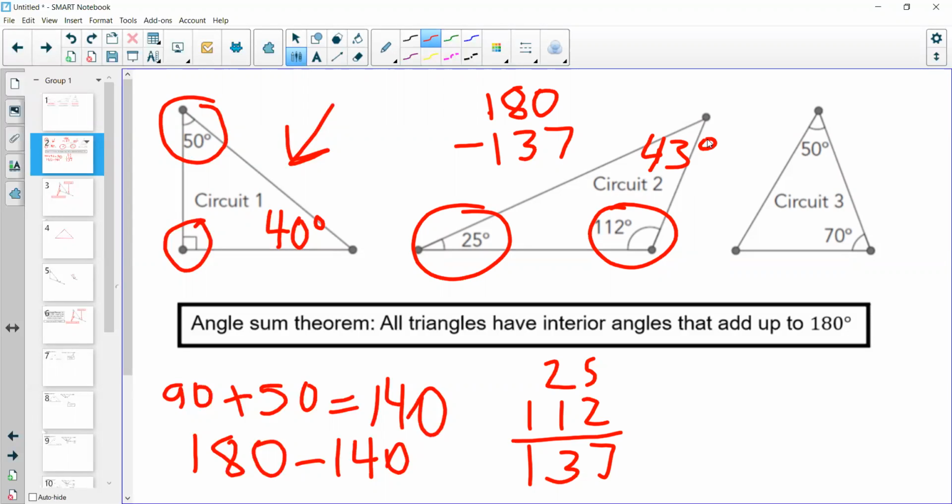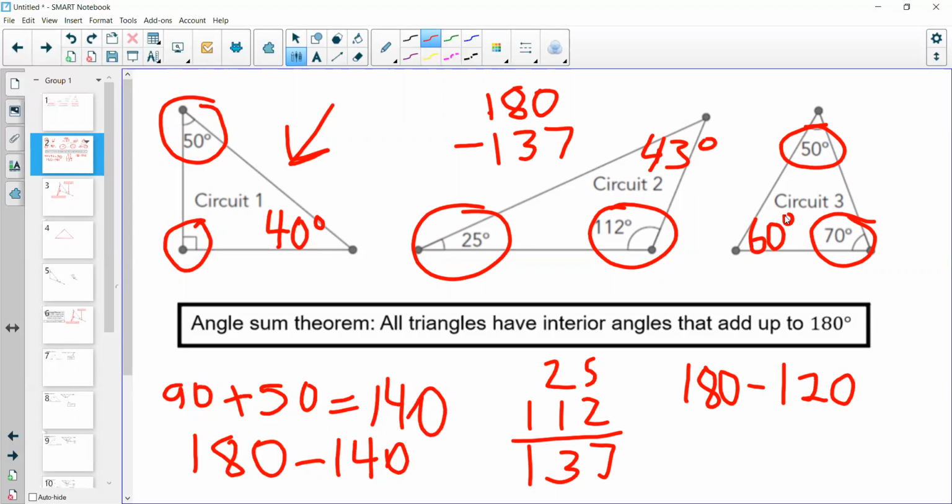For the triangle on the right, I have a 50-degree angle and a 70-degree angle. Those two add up to 120 degrees. If I subtract 180 minus 120, I get a 60-degree angle for the third angle.